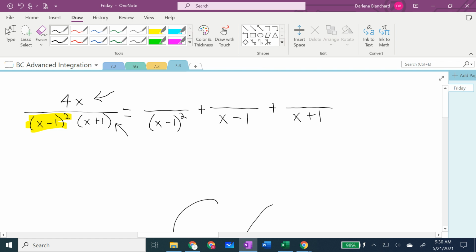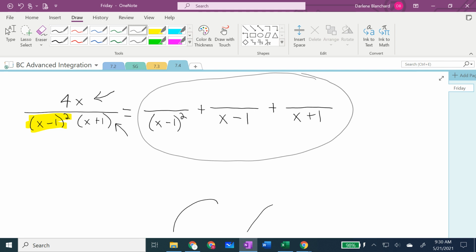So if I were to look at the idea of adding these three rational expressions together, these are my only possible denominators that I could have had, where this is the denominator that I get when I add them together.